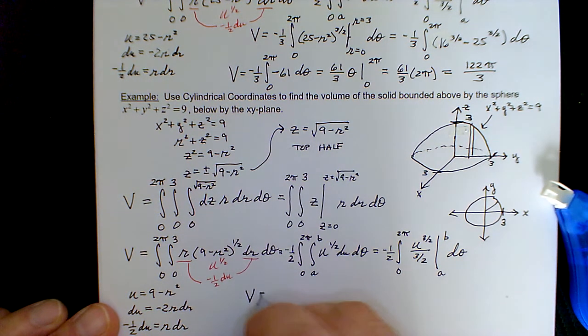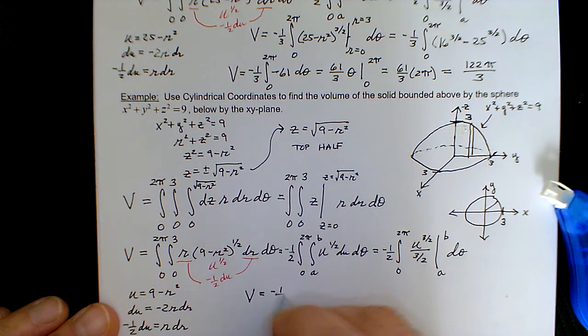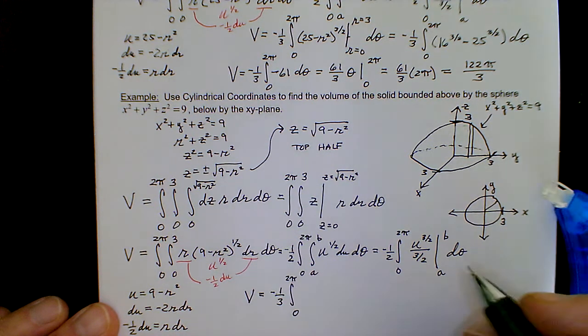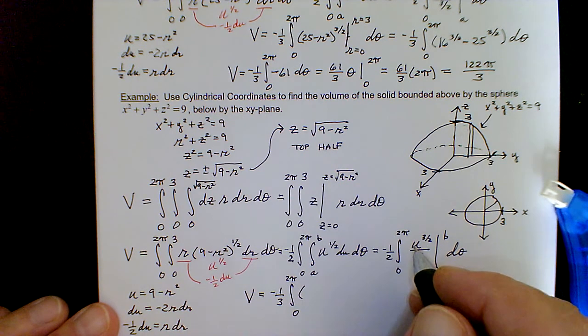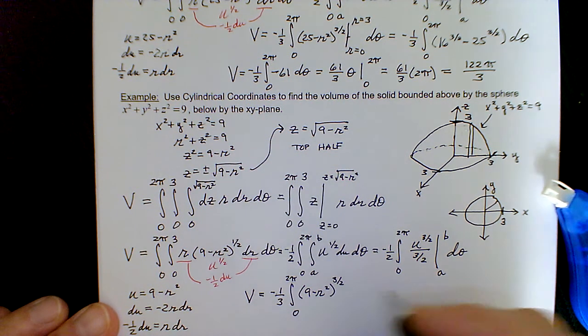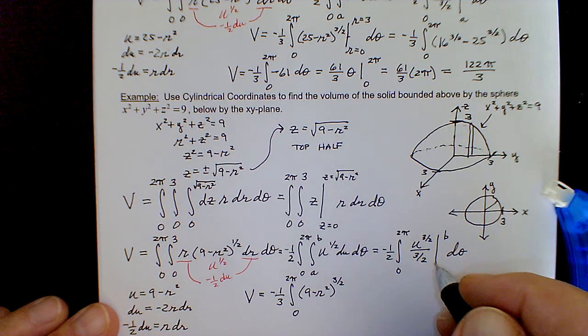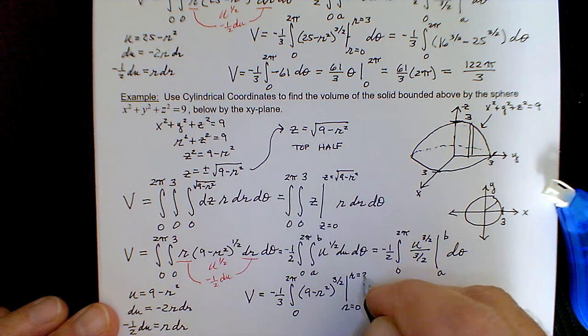So now the volume is going to be, there's the 2/3 times the negative 1/2, so negative 1/3, then integral 0 to 2 pi of, now our u was 9 minus r squared, now to the 3/2, and that's evaluated as r goes from 0 to 3. That's with respect to theta.